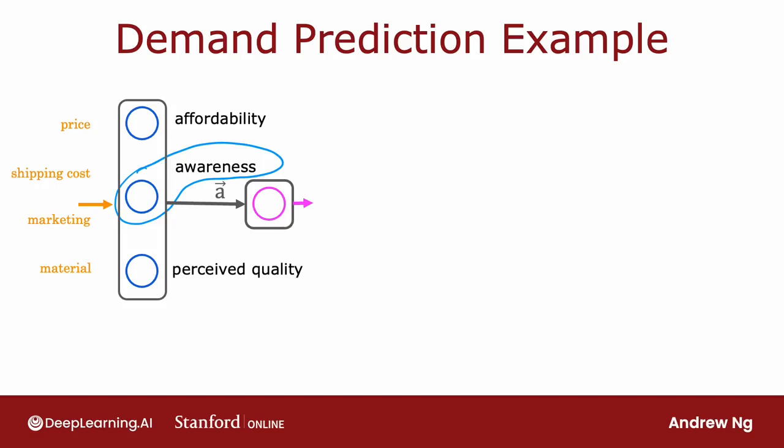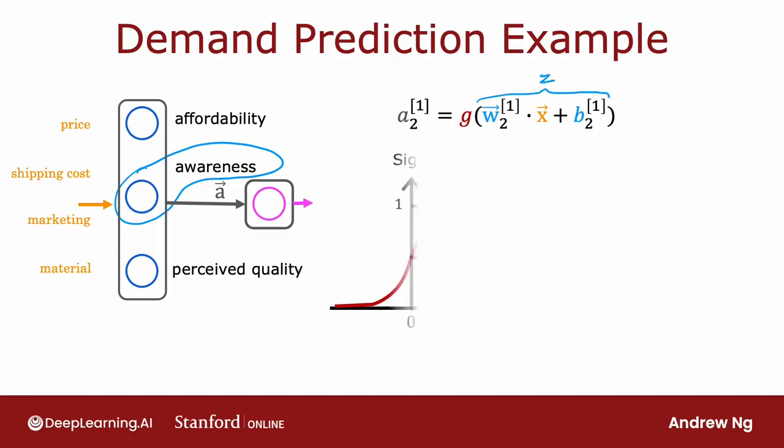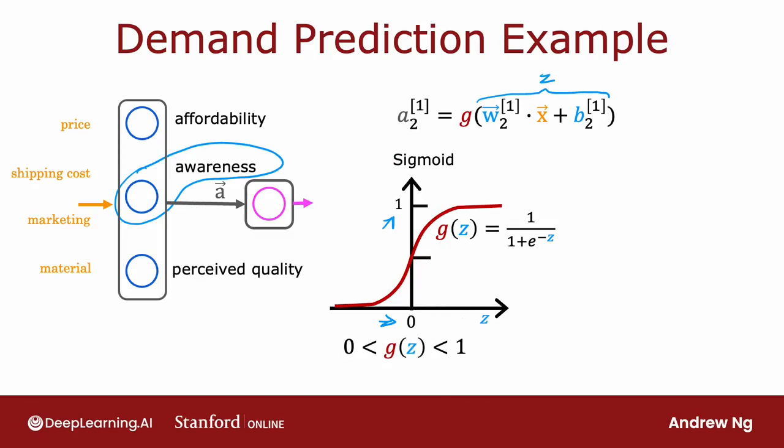So whereas previously we had used this equation to calculate the activation of that second hidden unit, estimating awareness, where g was the sigmoid function and thus goes between 0 and 1, if you want to allow a_2^[1] to potentially take on much larger positive values, we can instead swap in a different activation function.